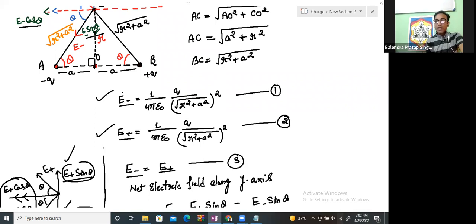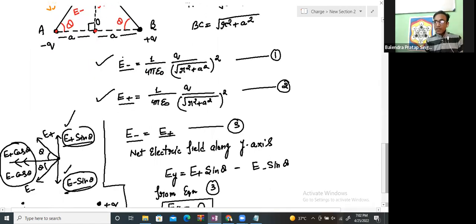What is the difference? They have different directions. We already drew the geometry for directions, with horizontal and vertical components. If we calculate the vertical components, we can see the electric fields due to the positive and negative charge are exactly cancelling each other.